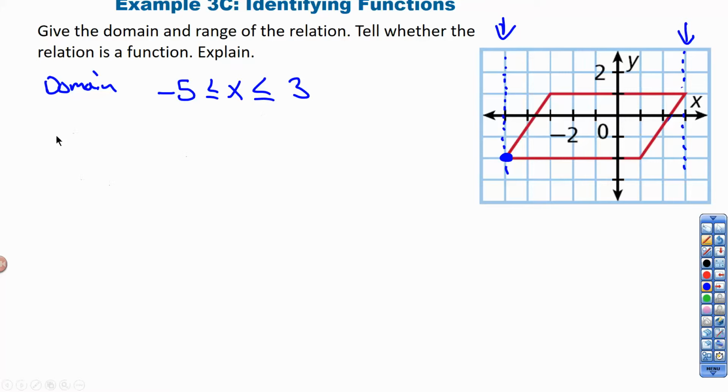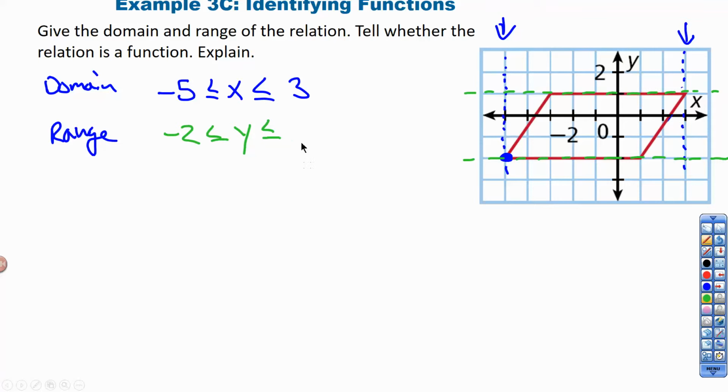So what is our range then? Our range is this green line right here. Is that up and down, left or right? Up and down. From the two green lines is up and down. What's our smallest green? -2 is less than or equal to y.